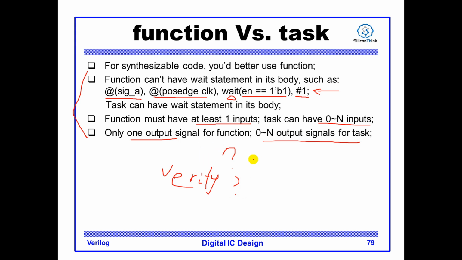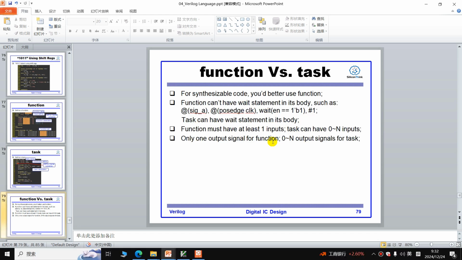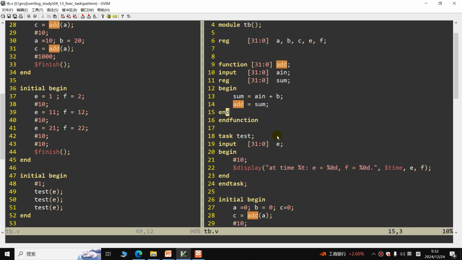So for the study of language, you can try it. For example, you can try to define a function without any input. You just write some simple code. For example, here you can omit this line and change it, make it simple. Then you can call this function.